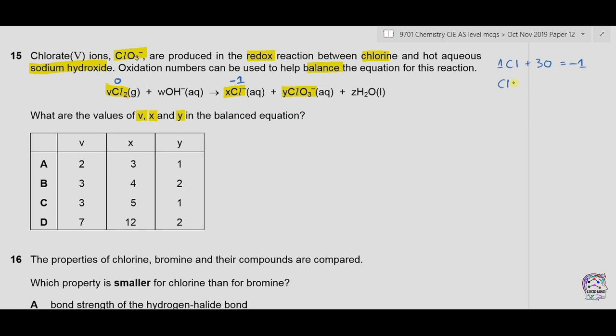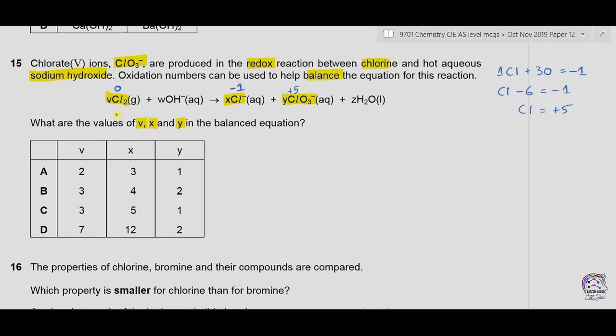So the oxidation state of 1 oxygen is -2, so for 3 it will be -6, and Cl will become +5. So it is +5 in ClO3. We have to find the values of V Cl2, X Cl negative, and Y ClO3 negative.